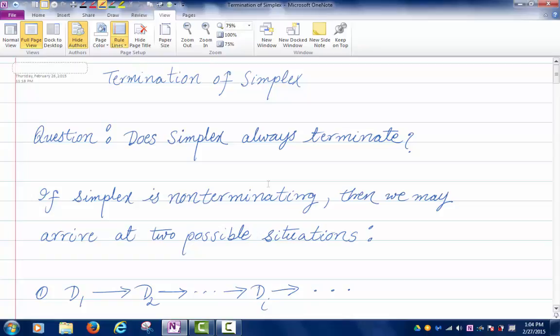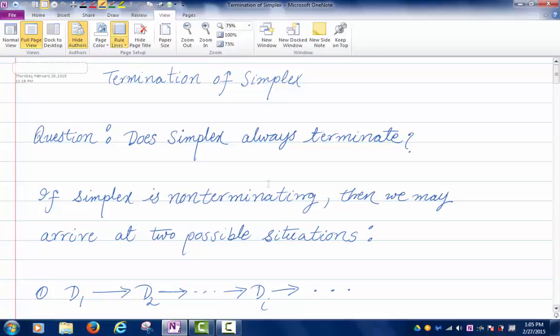If the value of the objective function remains the same, what can you say about the dictionary D? Well, what we can say is that the dictionary D is a degenerate dictionary, meaning that one of the basic variables in the dictionary D has value 0. That's what we meant by degenerate dictionary.